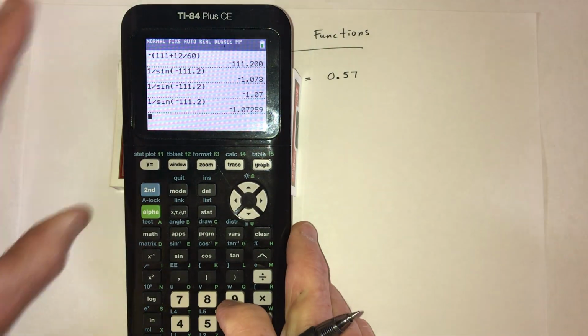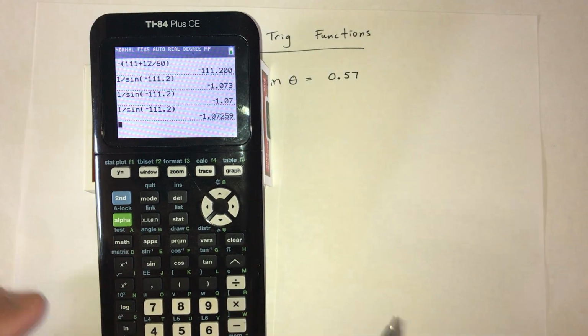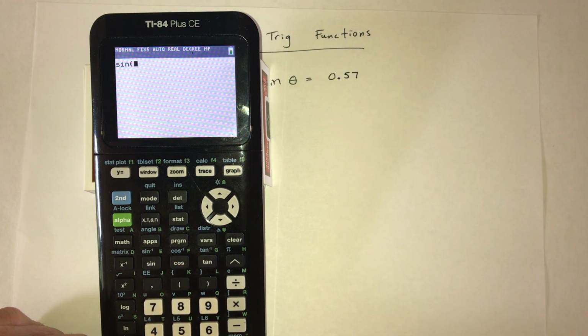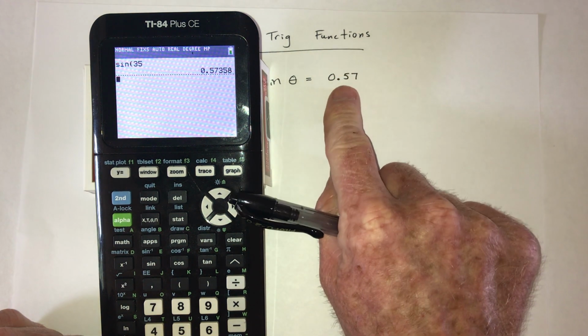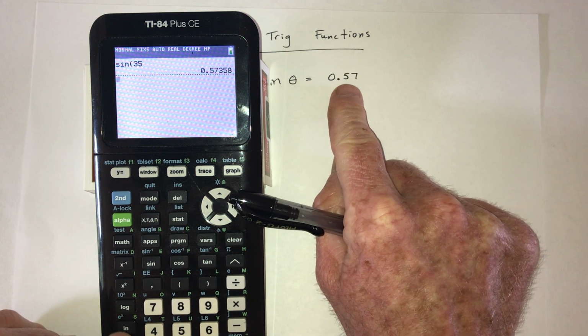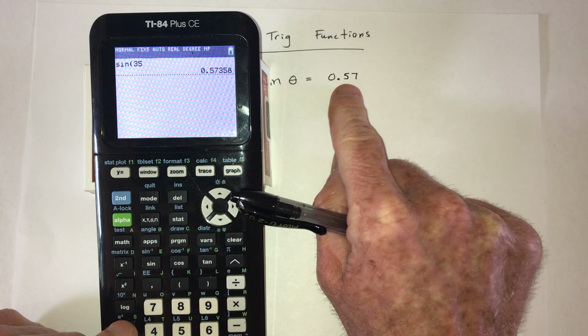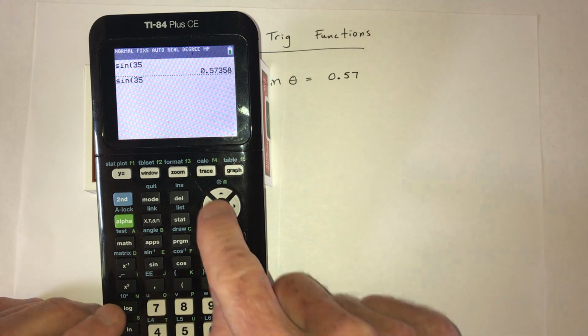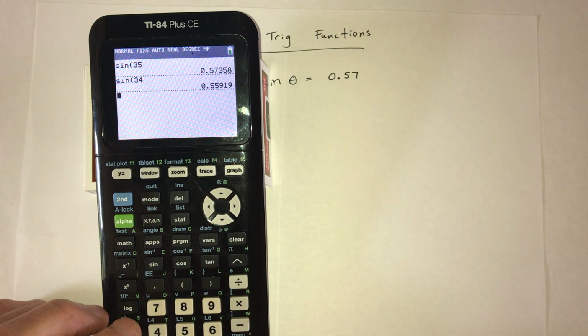Well, you could try guessing and checking and go sine of, I don't know, 35. Oh man, did you see that? That was just a guess. I got really close. So anyway, this is a little bit too big, so maybe I should have guessed 34.